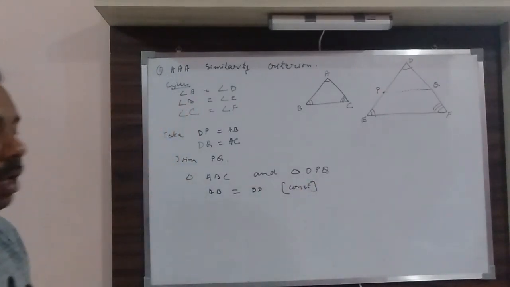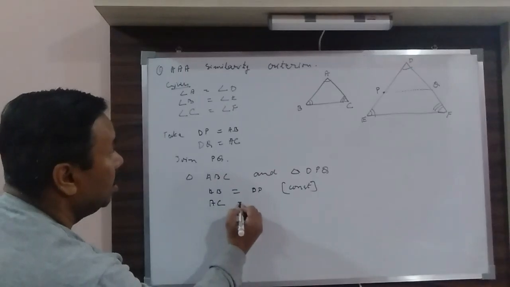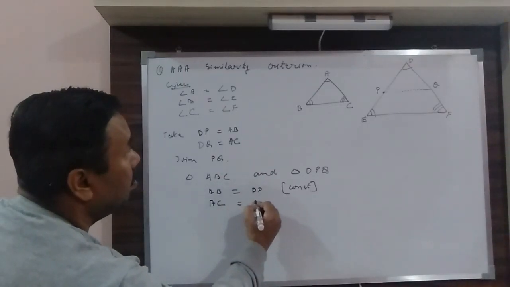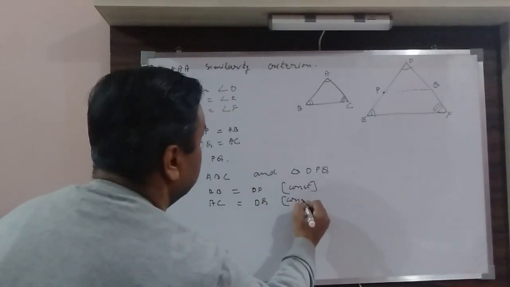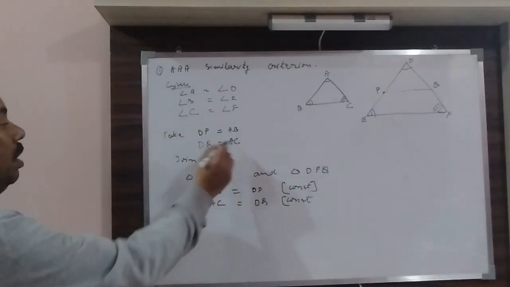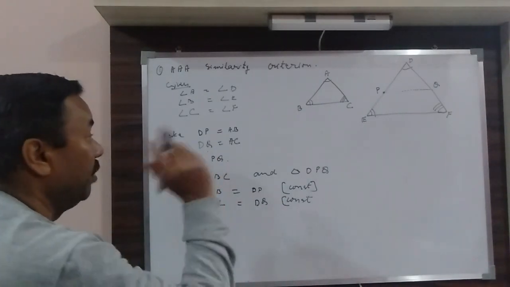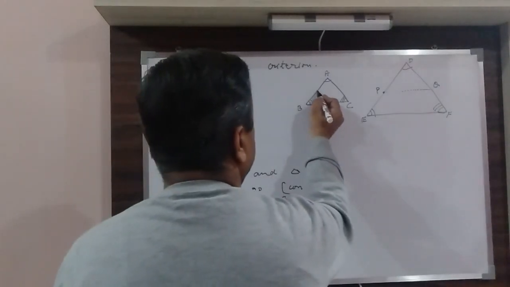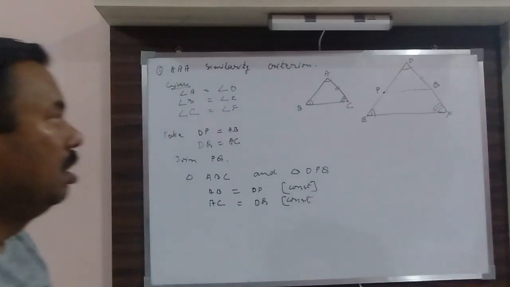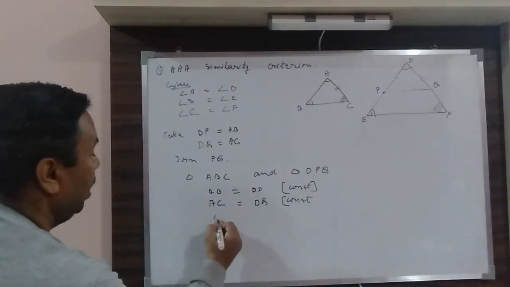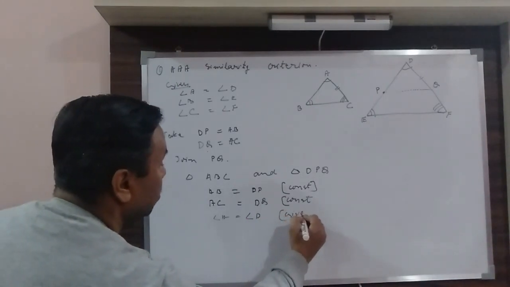Similarly, AC is equal to DQ. Again, this is my construction because I have taken it like this. And the third, the intervening angle, that means this is equal to this one and this is equal to this side. And what is the intervening angle? Angle A is equal to angle D. Why? It has been given.